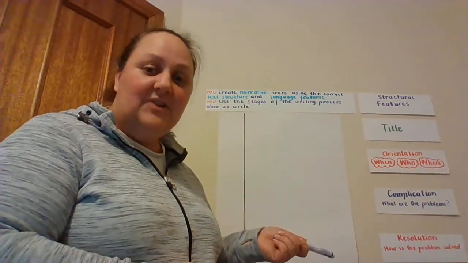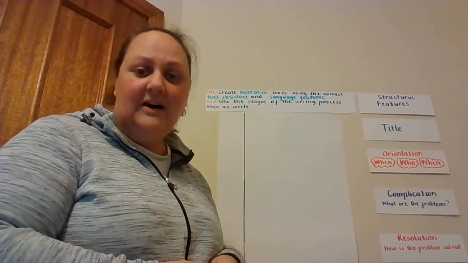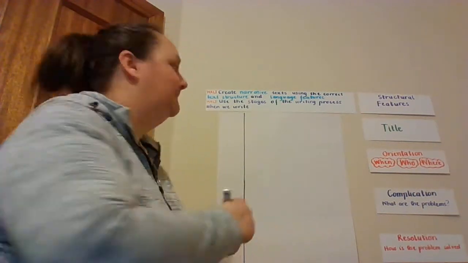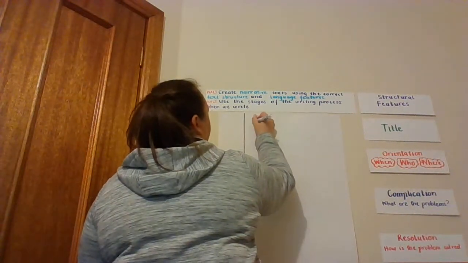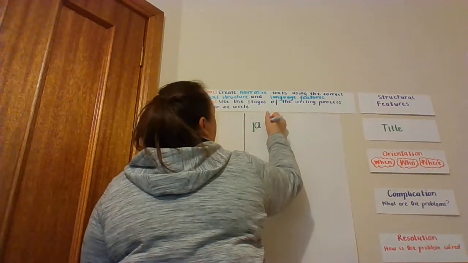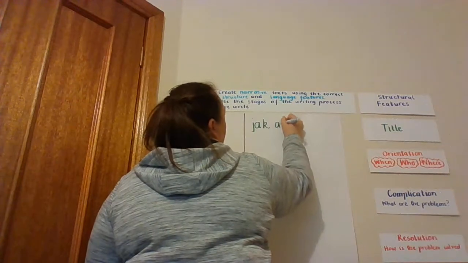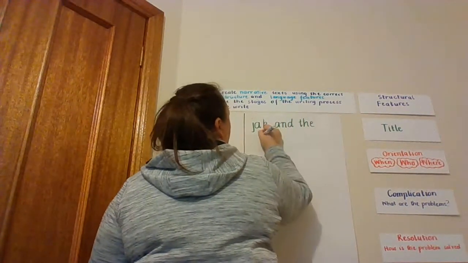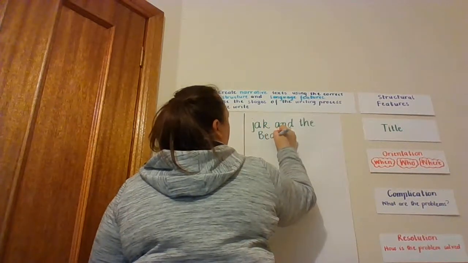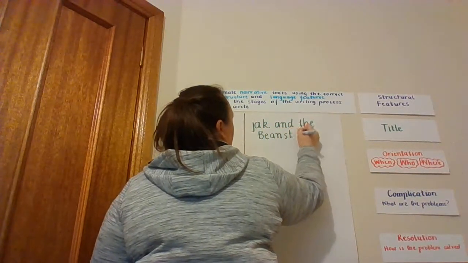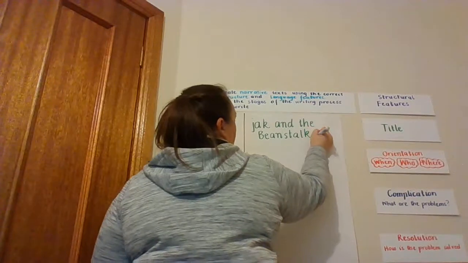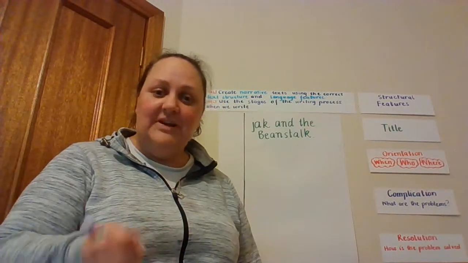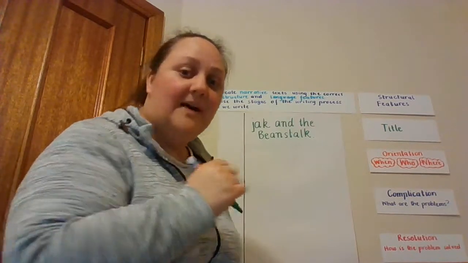So the first structural feature I can see there is a title, and the title of my story, of course, being Jack and the Beanstalk. Okay, so now that structural feature is called the title, so I'm going to pop that in my margin.